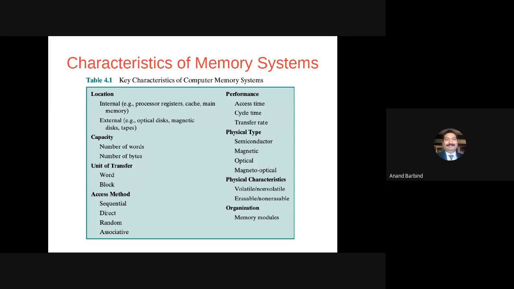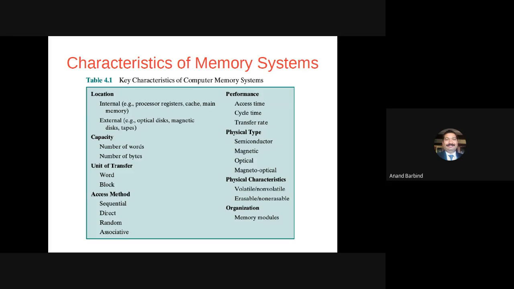So that is one type of implementation of the memory. The computer memory is essentially required to store the information in the form of zeros and ones. Okay, so the main characteristic of all the computer memory is that it should be able to store the information in the form of zeros and ones.